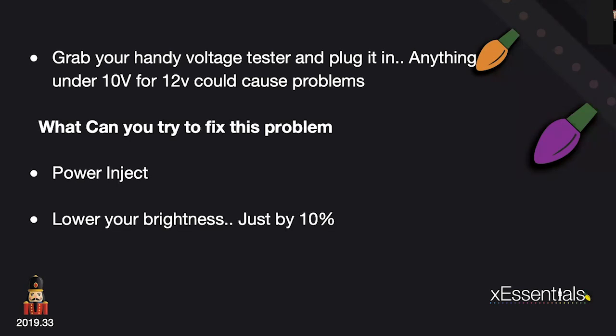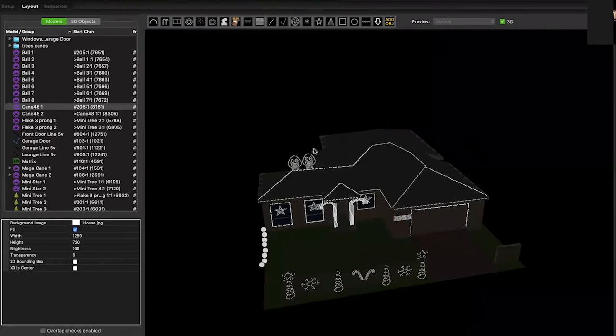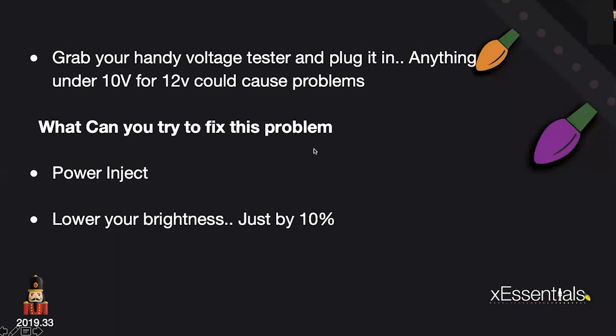So what can you do to fix this? Sometimes you can power inject, but sometimes go look at what your brightness is set on your display. I run most of my display at 40%, and even then, that's still very, very bright. I have two props, my singing faces on my roof here. I run them at 20% because of how dense they are, and they're fine.